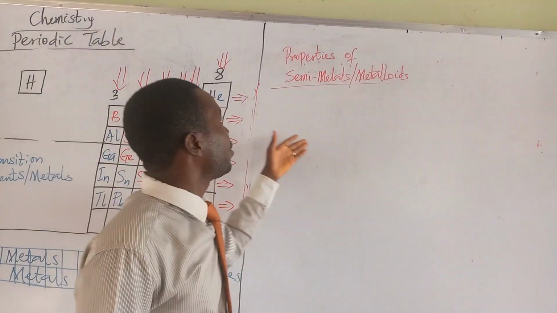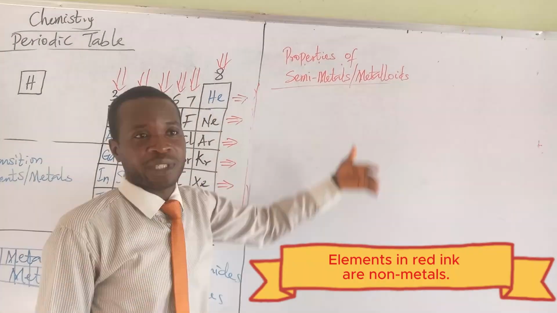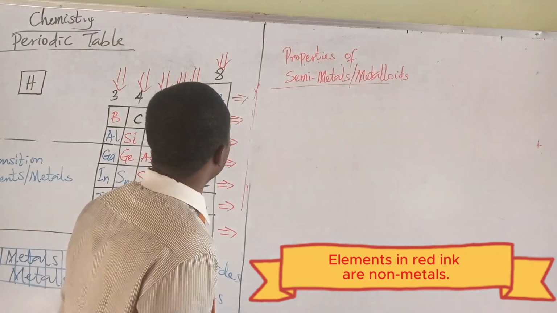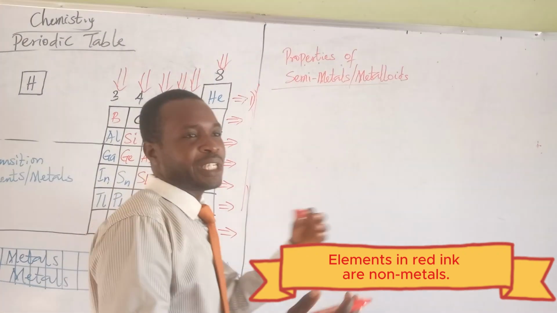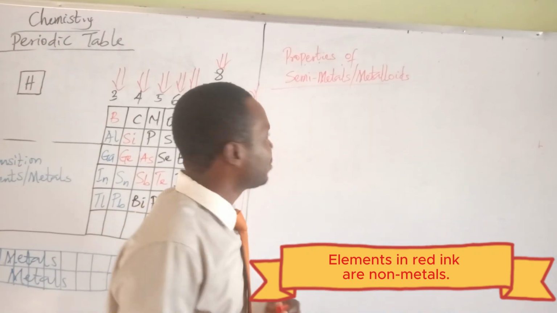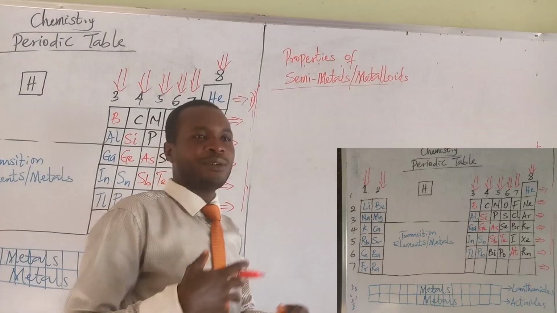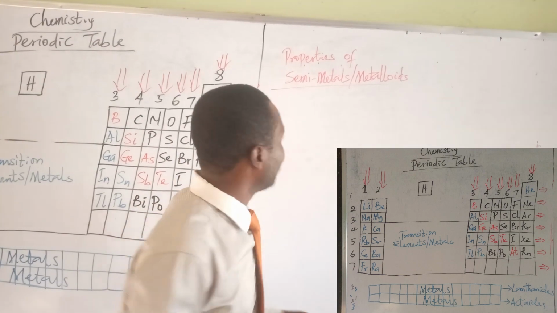Now the properties of semi-metals or metalloids. These have conductivity midway between a conductor and an insulator. We can say that their conductivity is just average.